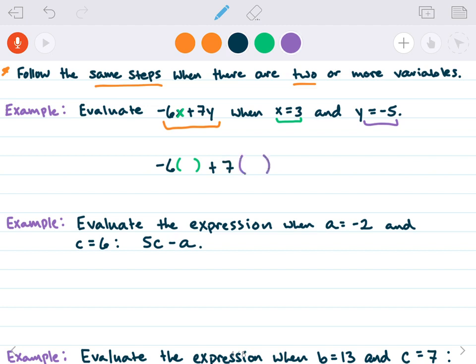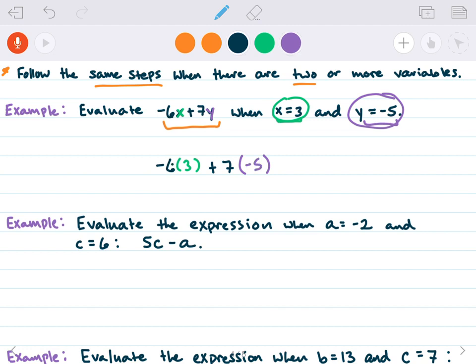What this is telling me is that x is the same thing as 3, so instead of writing x right here, I can write 3 instead. So that's going to be -6 times 3, and instead of writing y right here, I can write -5, because y is -5.